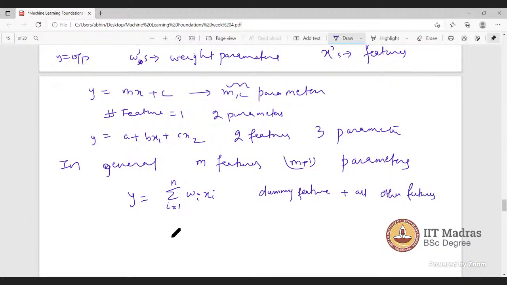A dummy feature is added to account for w0, which is present in the model. Okay, so we write it like this: y equals w transpose x, where w will represent the weight vector, x will represent the feature vector, and y is the output.